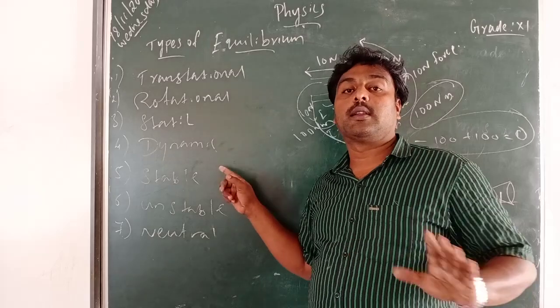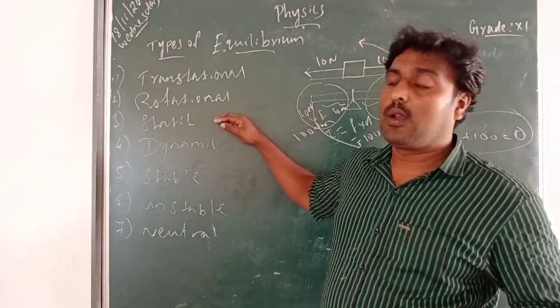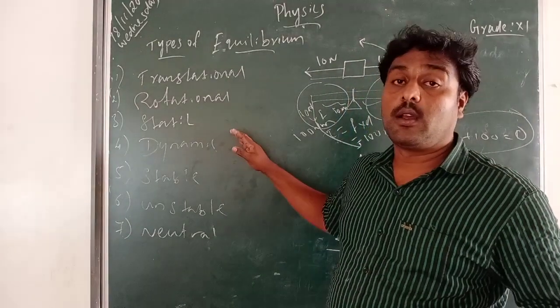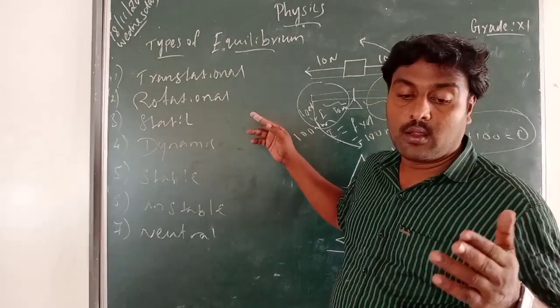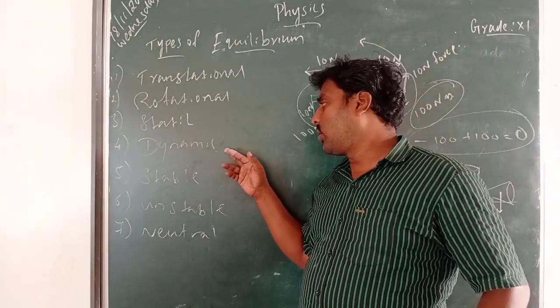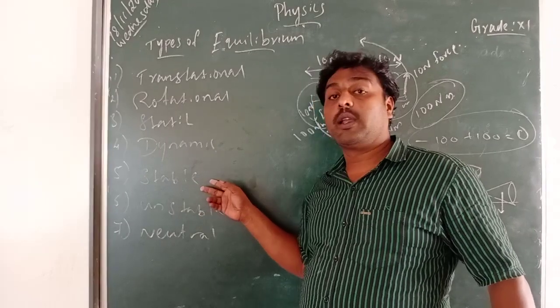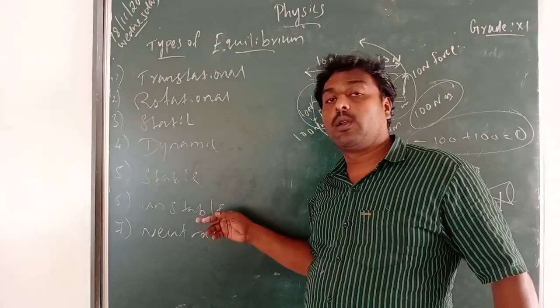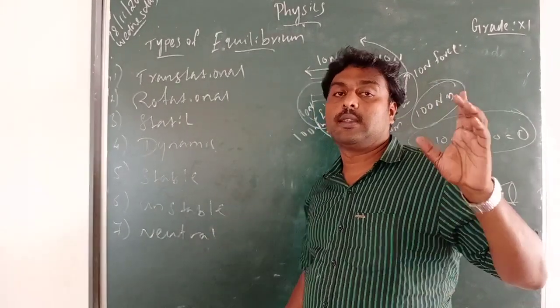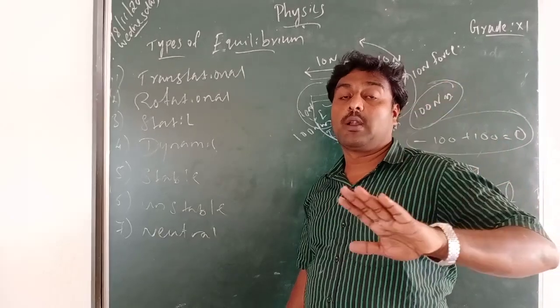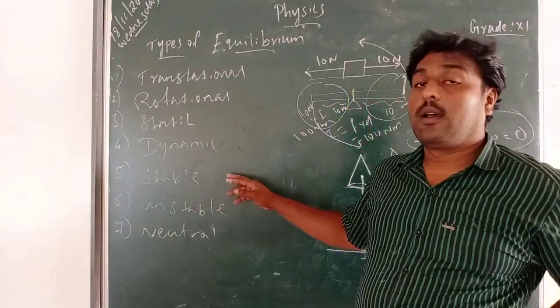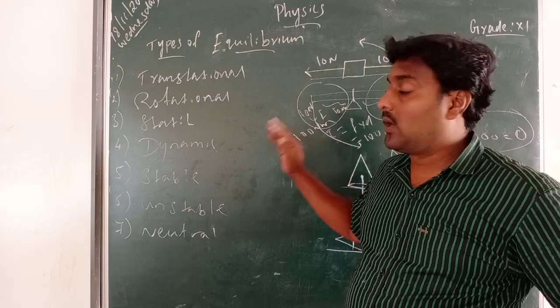Static and dynamic are the same: linear momentum and angular momentum constant, and the force and torque are zero. Stable equilibrium, unstable equilibrium, neutral equilibrium: first one is the same, linear momentum and angular momentum are zero. Keep this one example.